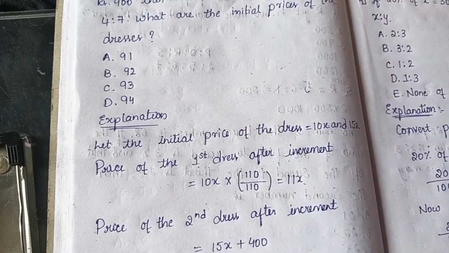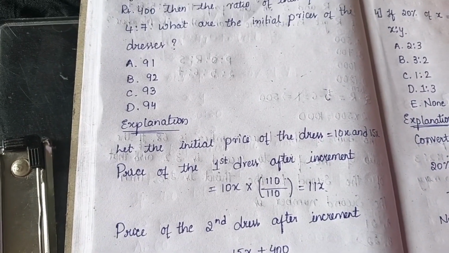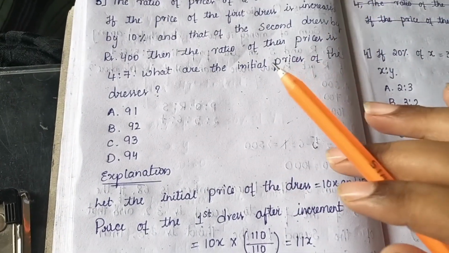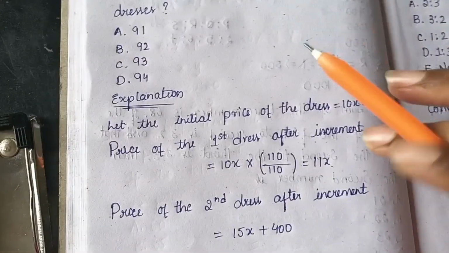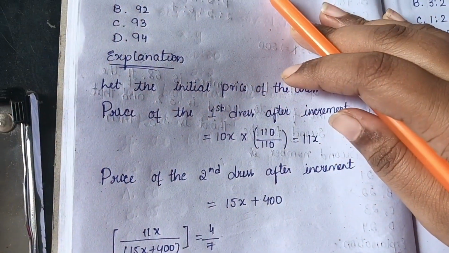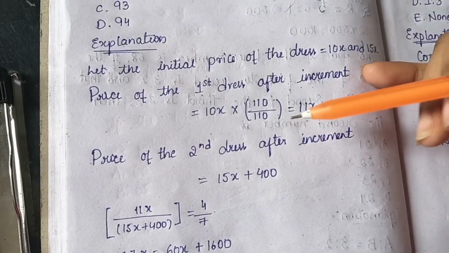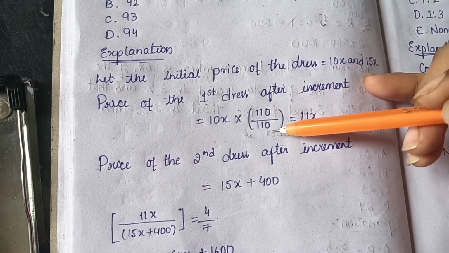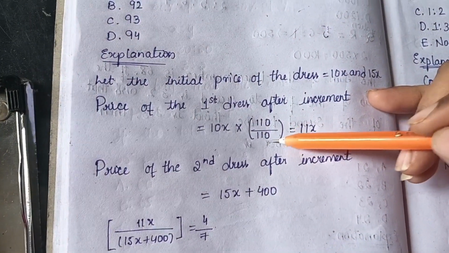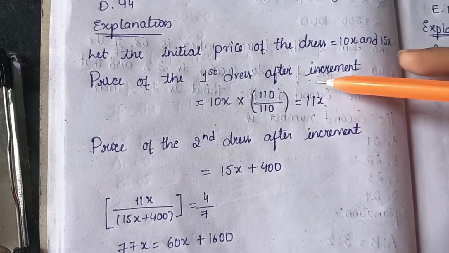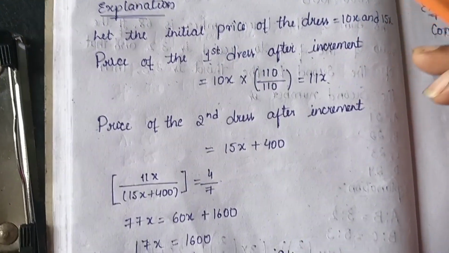Next, apply the changes. The first dress price is increased by 10%, and the original price is 10x. So a 10% increase means the new price is 10x into 110 by 100, equal to 11x. So the first dress becomes 11x.